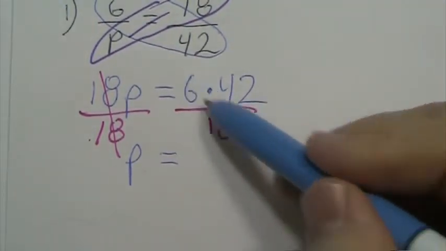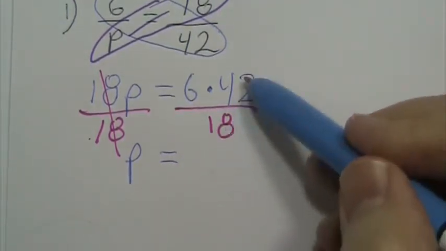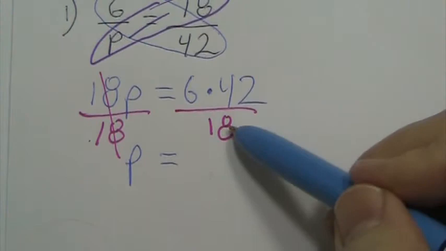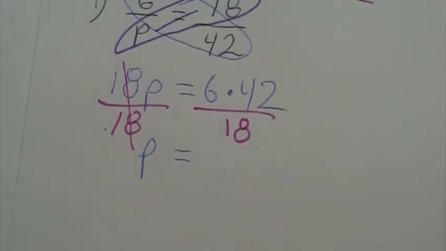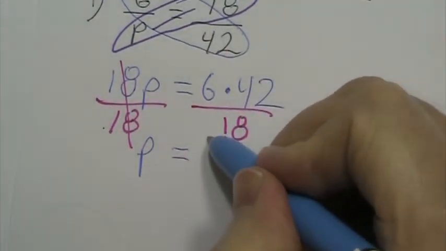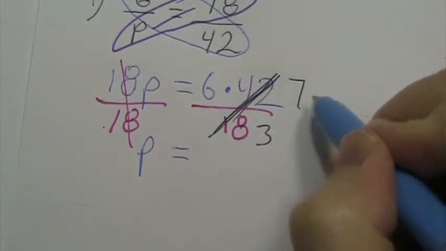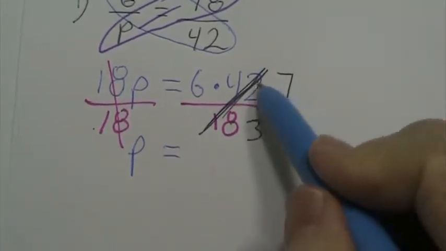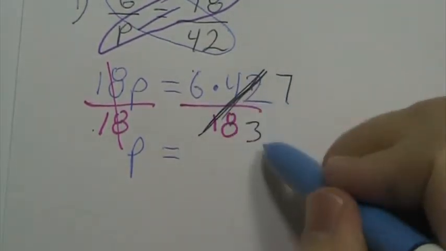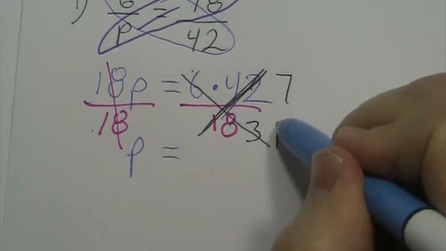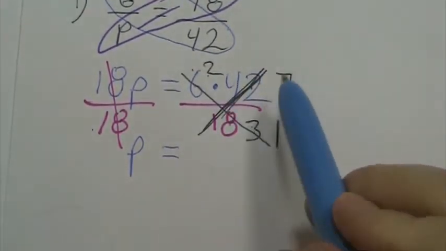I know 6 goes into both of these. 6 goes into 18, 3, and 6 goes into 42, 7. 6 times 7 is 42. And can you see the 6 and the 3? 3 goes in here once, 3 goes into 6 twice. And so your answer is 2 times 7.